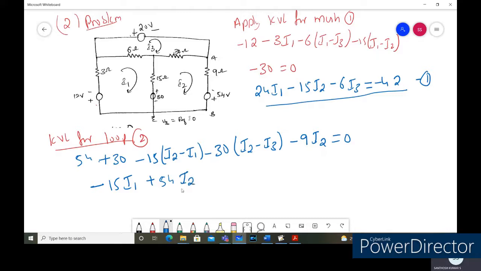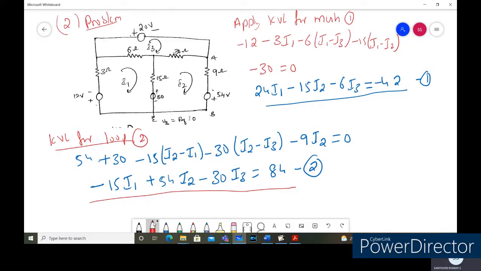The polarity is important here. We need to multiply the terms and take the sign accordingly. So minus 30 into I3, equal to 54 plus 30, which is 84 volts. We call this equation number 2.